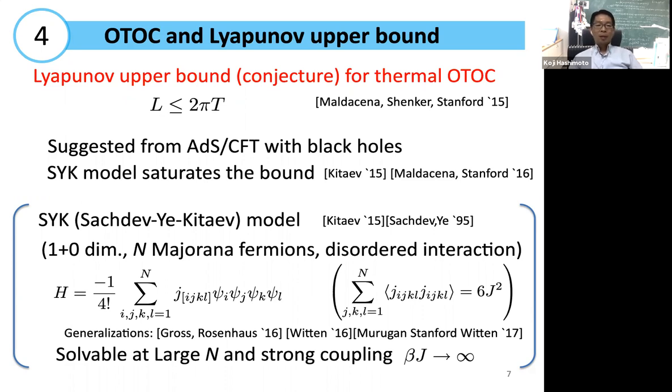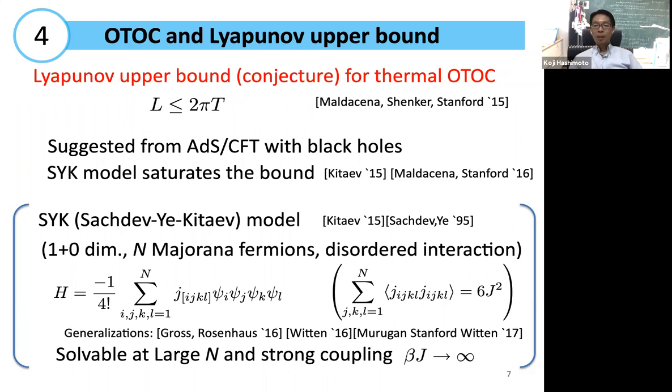And the reason is that some large N theories like SYK models have gravity duals, and in gravity duals there is a very general argument that the OTOC should grow with an exponent which is equal to the temperature. So this bound was suggested from AdS/CFT with black holes, and the renowned work by Kitaev showed that the SYK model saturates the bound.